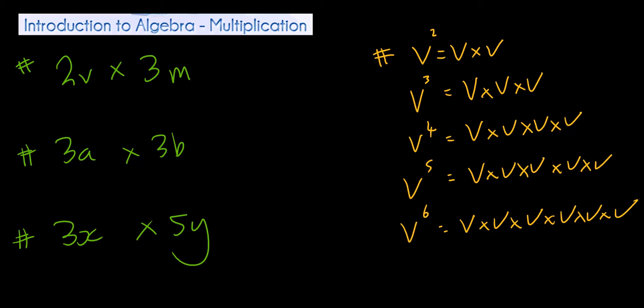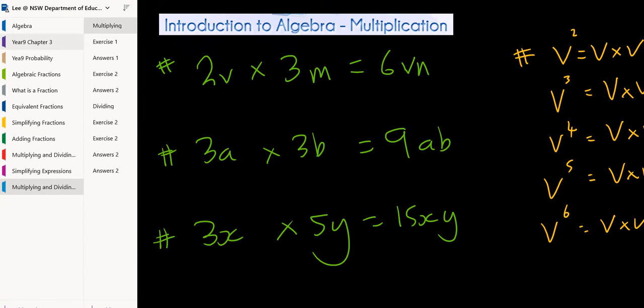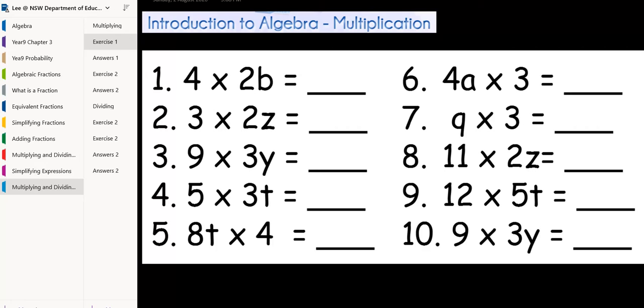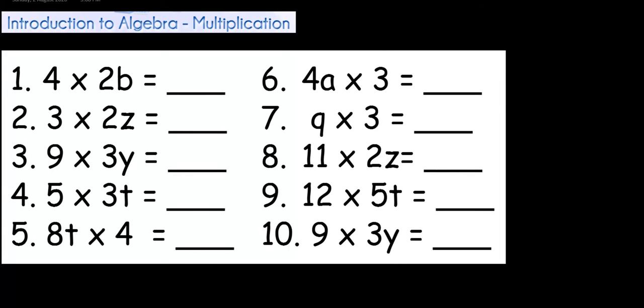So you can pause the video and have a go at these. So 2 times 3 is 6, and we've got a v and an m. 3 times 3 is 9, we've got an a and a b. And we've got 3 times 5 is 15, and we've got x and a y. Okay, so hopefully you can multiply terms together.